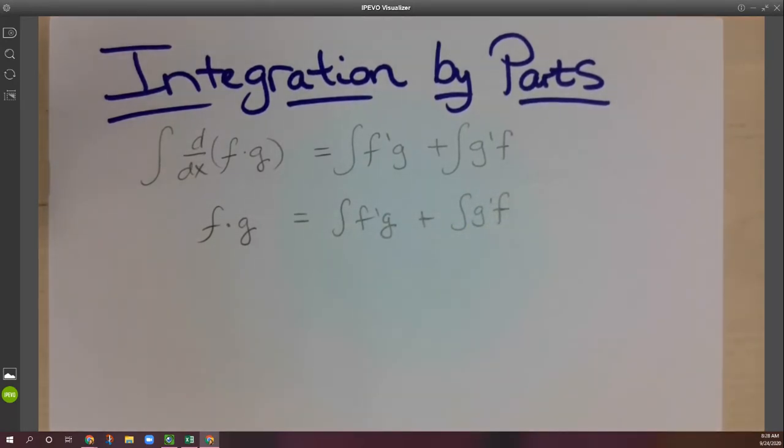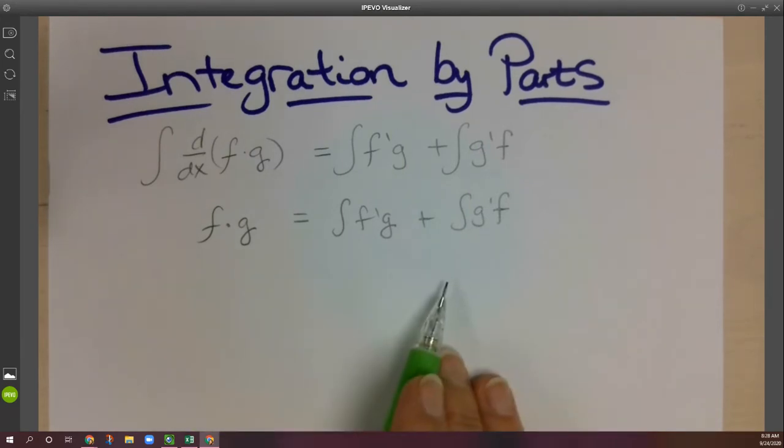Now, I will admit, I'm using a little bit shady notation here, this is not completely mathematically accurate, but I think it's a really great way to help us remember integration by parts, remember the rule for how to apply this technique.